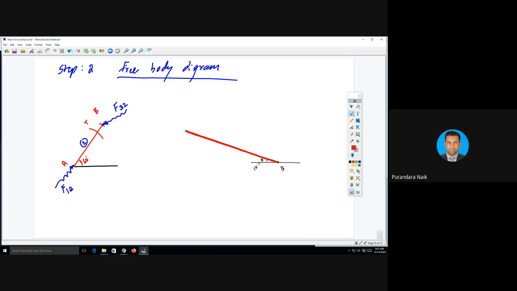And what is the length? 6 centimeter, right? Or 6.5. And take 30 degree on both sides. You take 2 lines, 30 degree, 30 degree. And shade this.